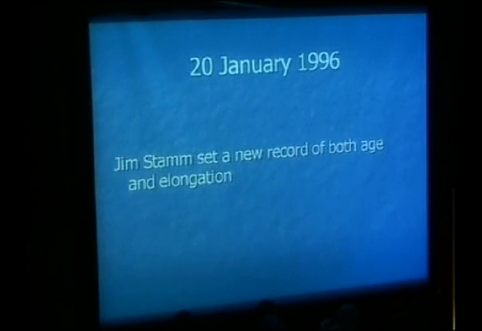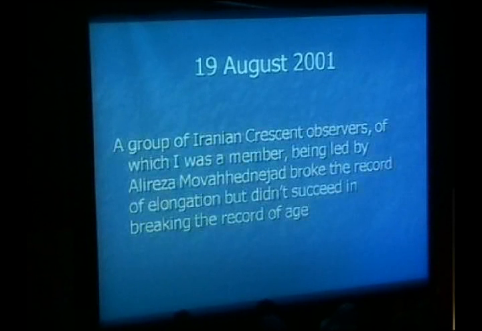That's a chronology of 3 different observations which set new records. On 20th of January 1996, Jim Stam set a new record of both age and elongation. On 19 August 2001, a group of Iranian crescent observers, of which I was a member, led by Mr. Alireza Mowahed-Nejad, broke the record of elongation, but they didn't succeed in breaking the record of age.